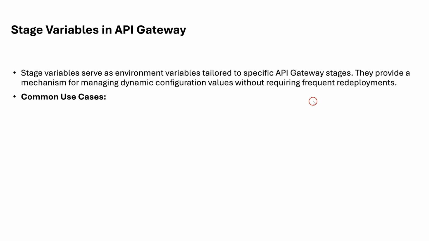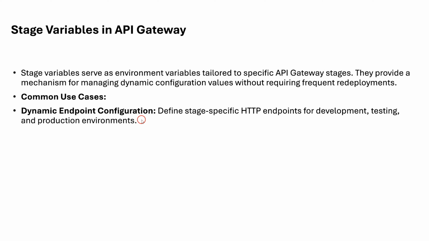Now the common use cases in API Gateway where you can use these stage variables. The first one is dynamic endpoint configuration, to define stage-specific HTTP endpoints for development, testing, and production environments.